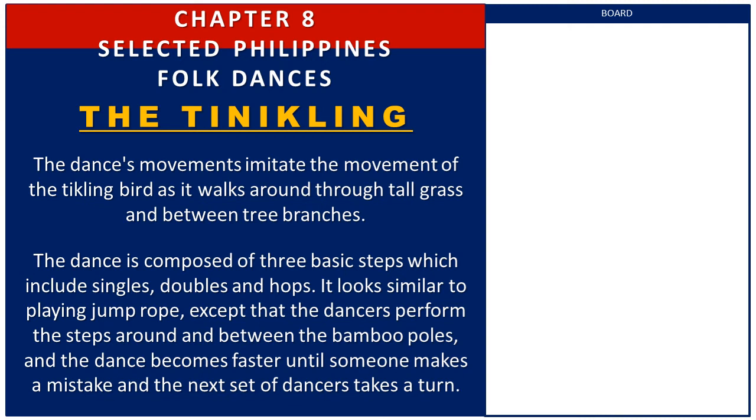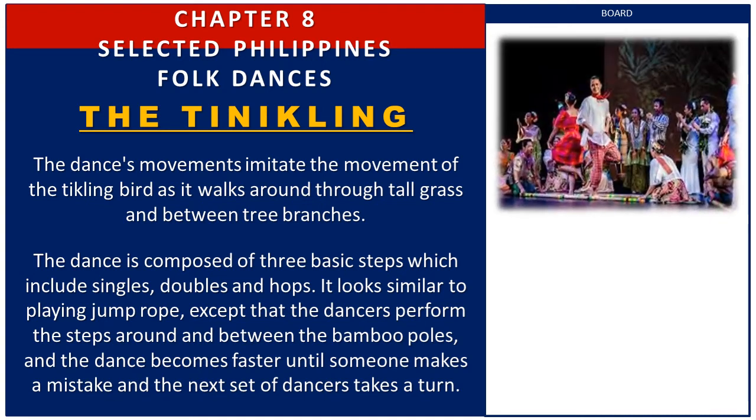It also looks similar to playing jump rope, except that the dancers perform the steps between the bamboo poles. And the dance becomes faster until someone makes a mistake and the next set of dancers takes a turn. Here are some example pictures.